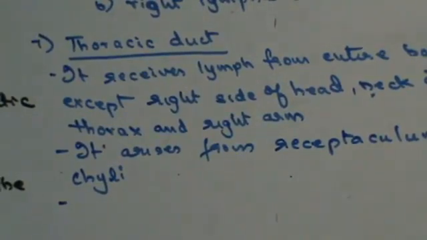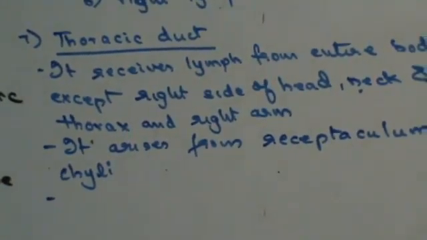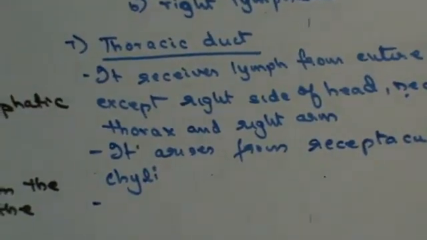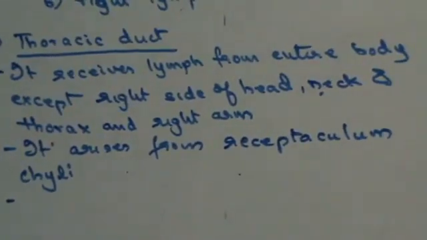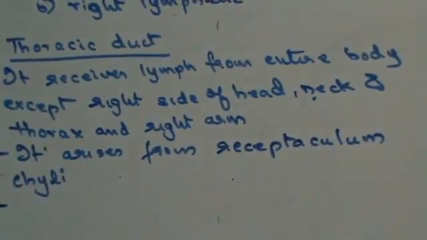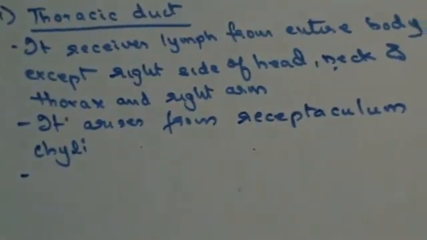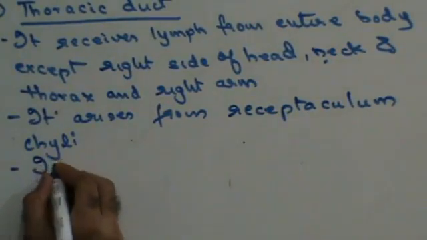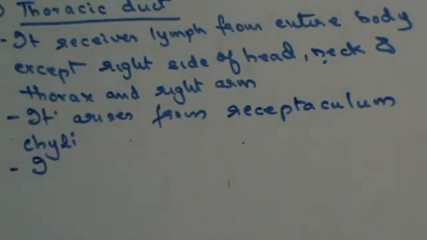Now, the lymph that comes in contains absorbed fats, and due to the absorbed fats it has a milky appearance, and therefore this lymph is called lacteals. What are lacteals? The lymph that contains absorbed fats and has a milky appearance is called lacteals.